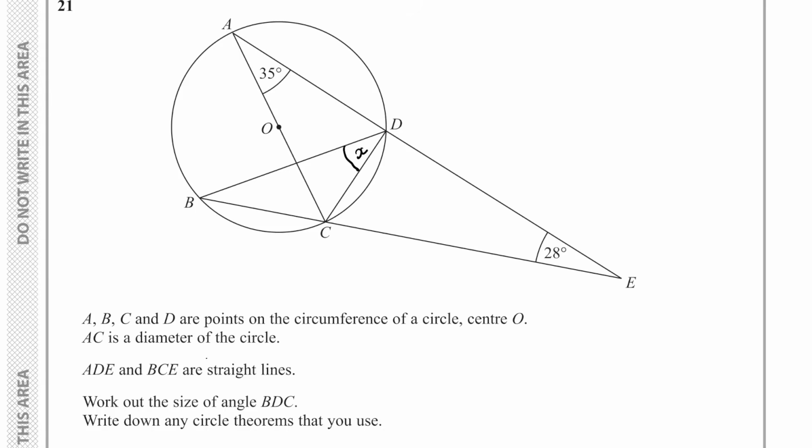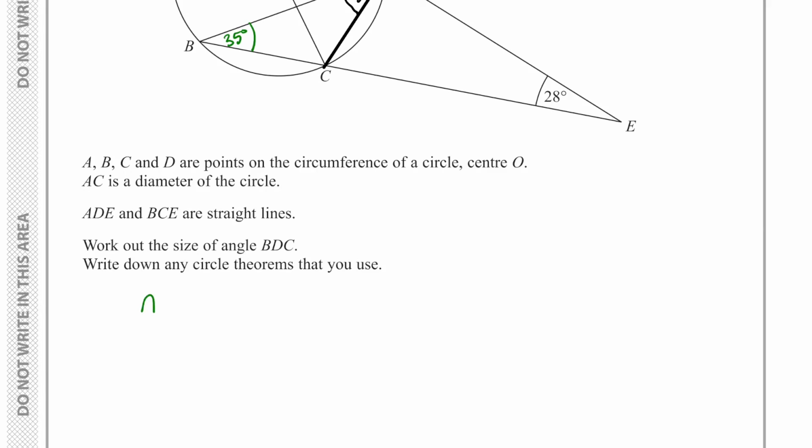So what circle theorems can we use? So angles in the same segment. So if we've got a straight line here, a chord, the angles that come from that chord in the same segment are equal. So this angle is 35 degrees as well. Angles in the same segment are equal.